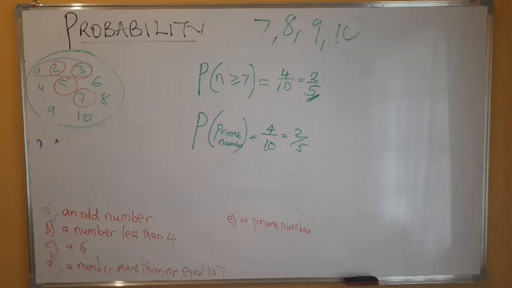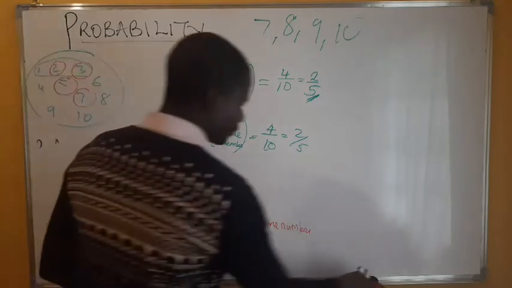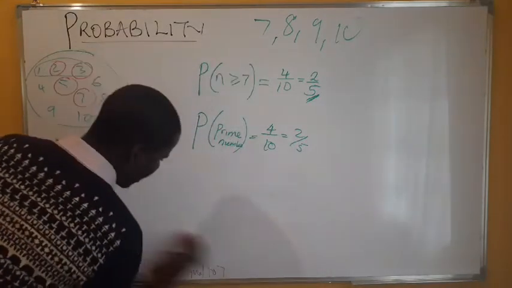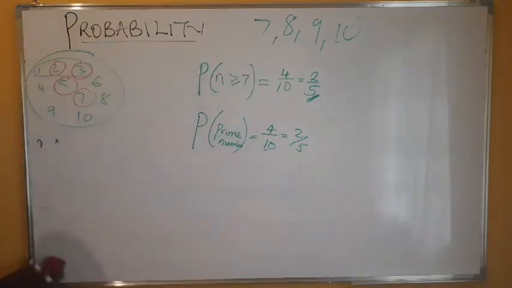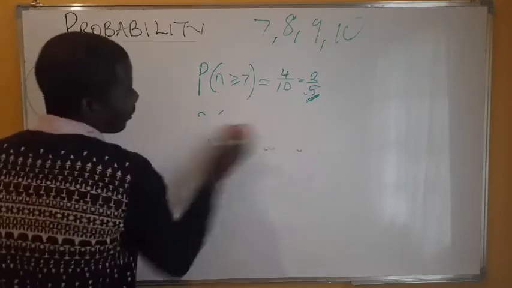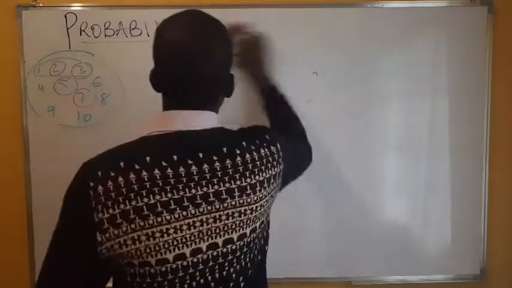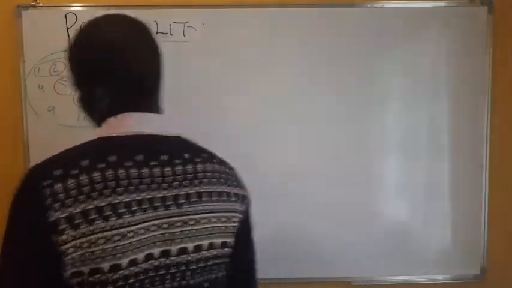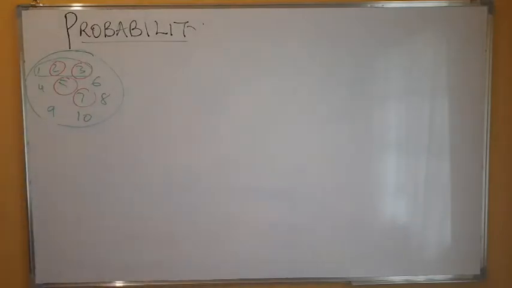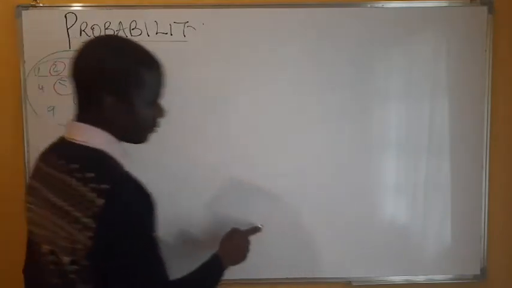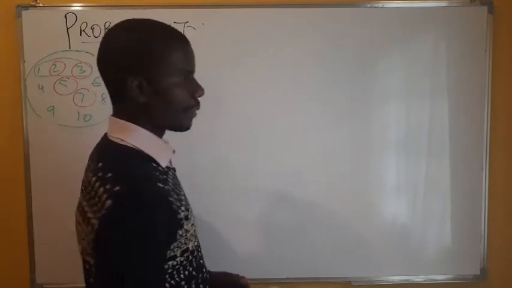So maybe just at this point, we can mention something. From this same question that we had, I just want to add another question after the one that was talking about a prime number.